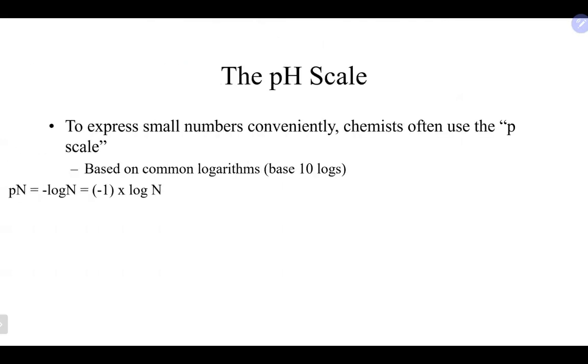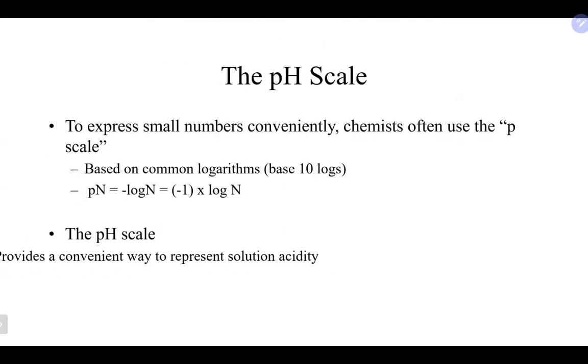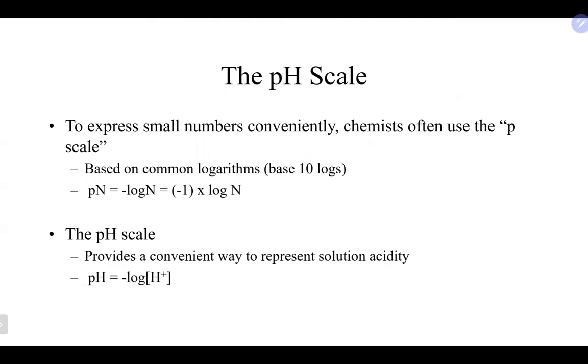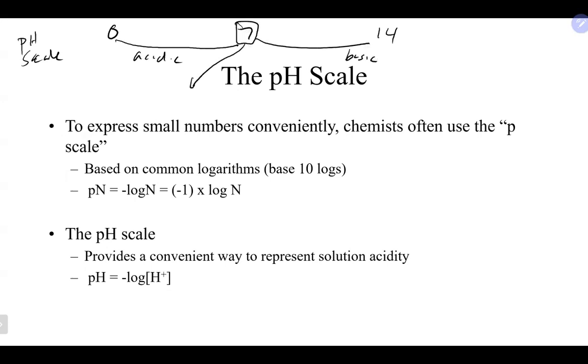All right, then we're going to skip the next example, I think. The next thing we're going to talk about is the pH scale, and the pH scale does run from 0 to 7 to 14, and below 7 is acidic, above 7 is basic, and really at 7 there is neutral.